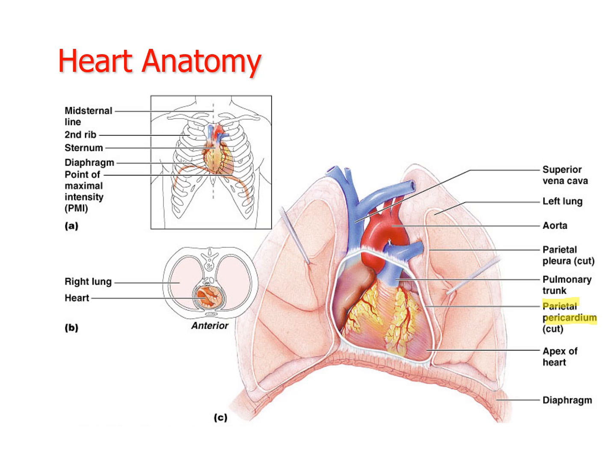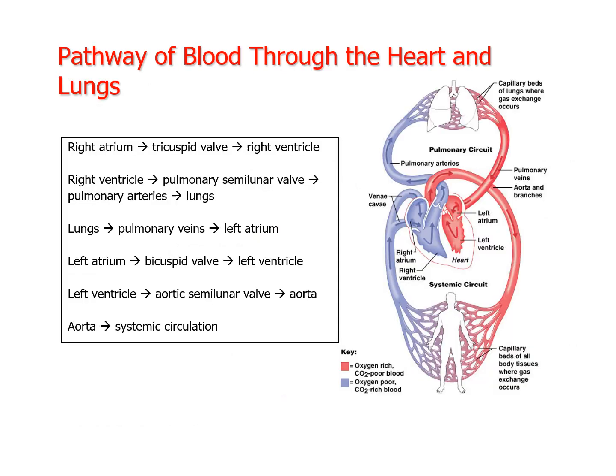The pathway of blood through the heart involves the blood in the venous side of the circulation coming back into the right atrium. So it enters into the right atrium and then passes down into the right ventricle. And the valve in between is called the tricuspid valve.